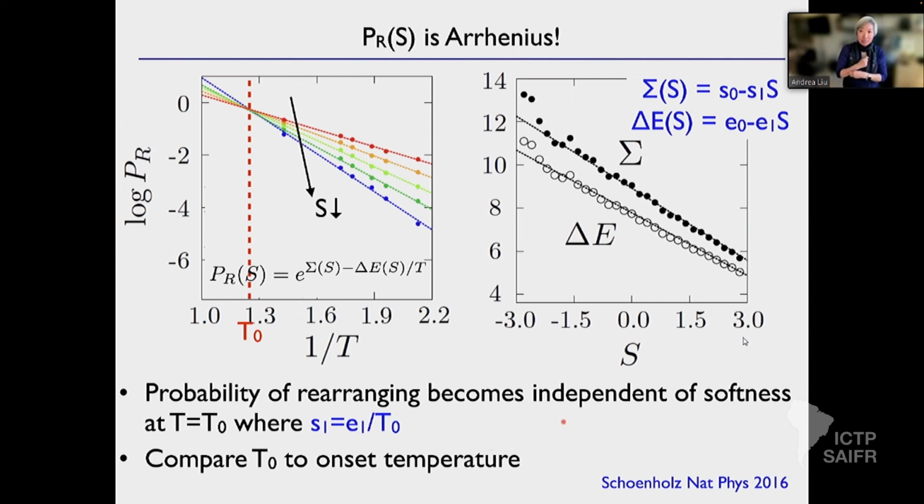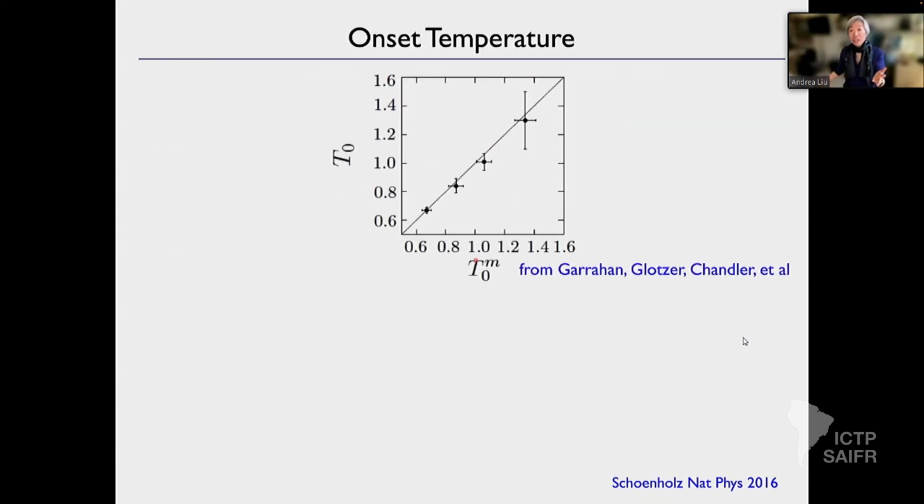Does that temperature correspond with any of the other temperatures that people talk about in the glass literature? No, it is exactly that temperature. This is the temperature they talk about in the glass literature, where the dynamics start becoming super-Arrhenius, spatially heterogeneous and non-exponential.